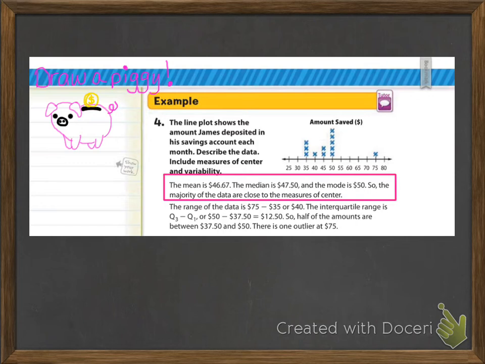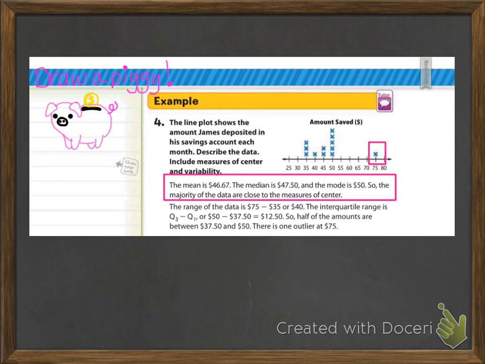So the majority of the data are close to the measure of center. So remember when we were talking about describing the data, we described it like when we were talking about measures of center, since the middle number was $47.50 and our mean was $46.67 and our mode was 50, most of the data, with the exception of this little oddball guy here, is close to the middle of $47.50.